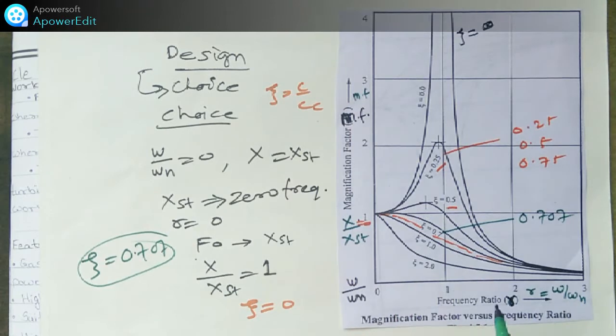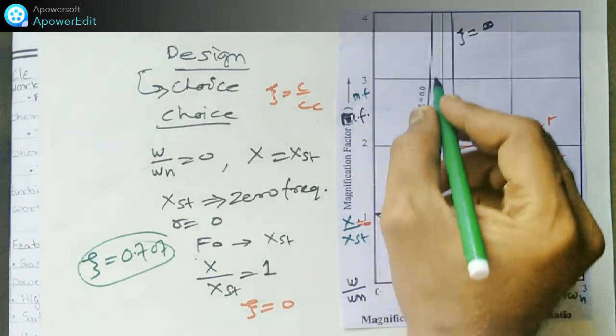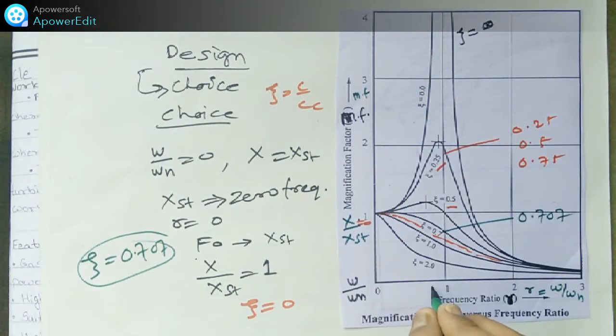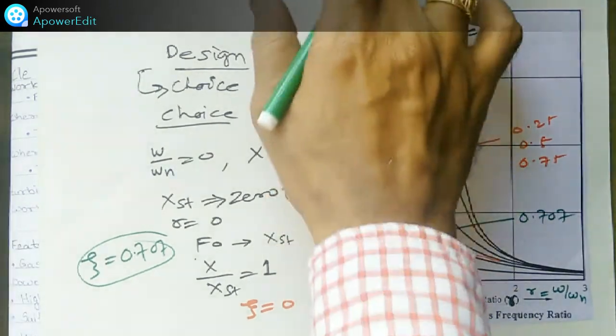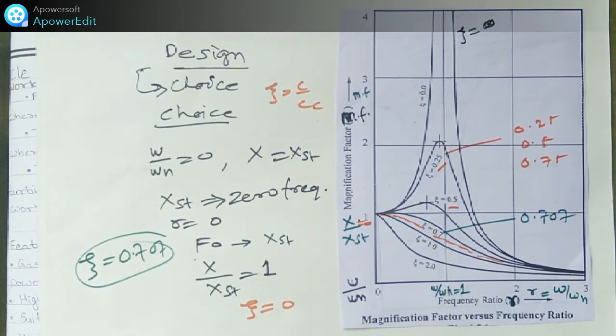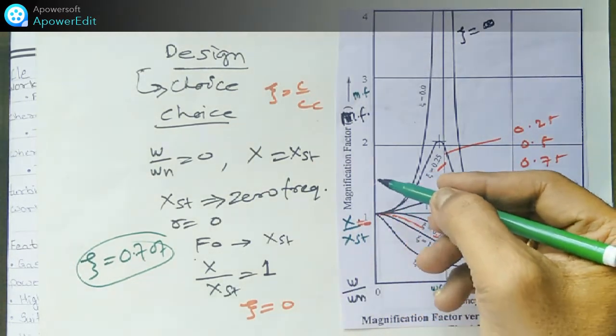This condition is called resonance, when omega by omega n becomes 1. In this case, the resonance is more. And as the damping factor zeta decreases, the maximum value of the magnification factor increases. Here see, on this y-axis the magnification factor increases if we decrease zeta.